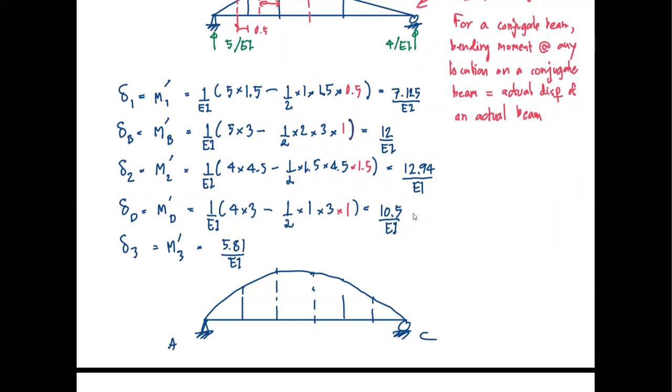Okay, so here is 7.125, 12, 12.94, 10.5, and 5.81.